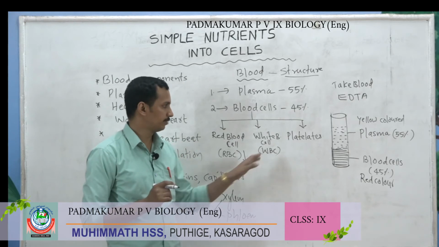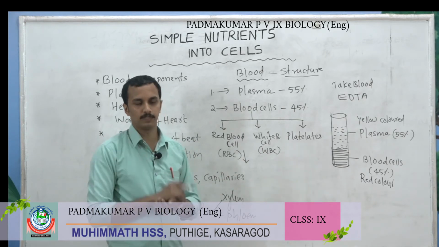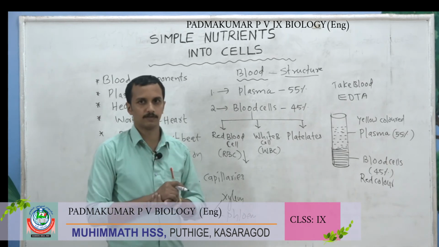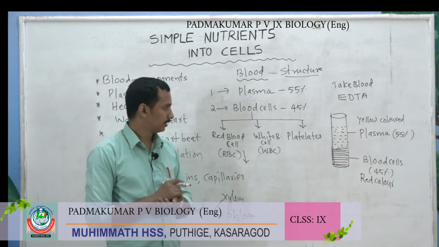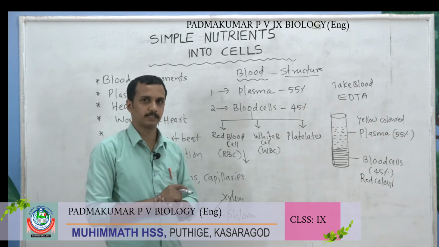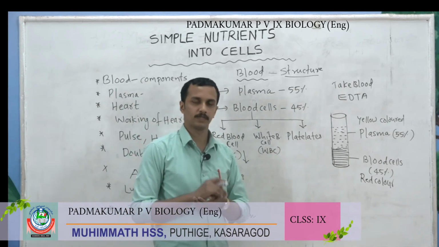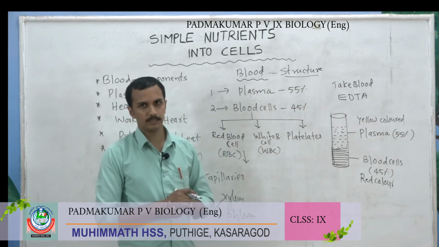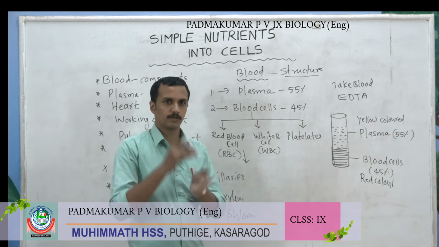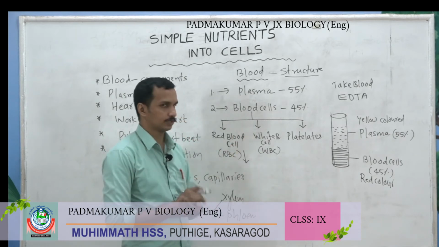That means WBCs act against different types of disease causing organisms such as bacteria, fungi, virus, etc. So it is associated with defense mechanism, that is fighting against disease causing agents. And the third one, platelet, is associated with blood clotting or blood coagulation mechanism. So these are the components of blood.